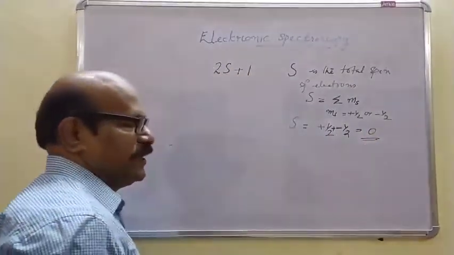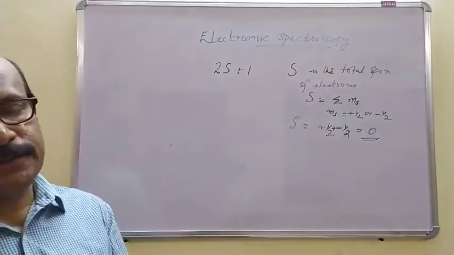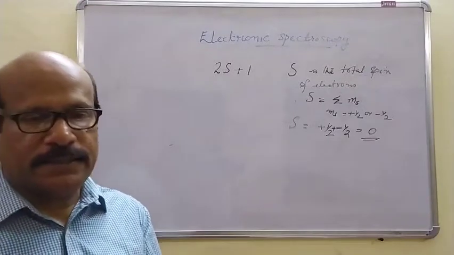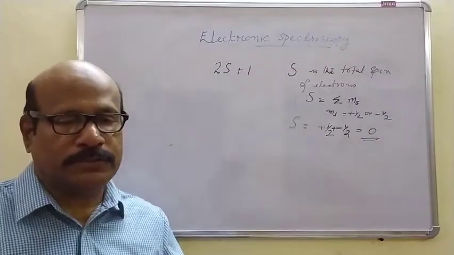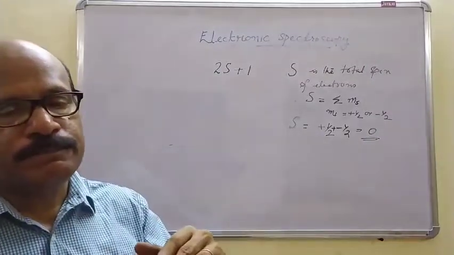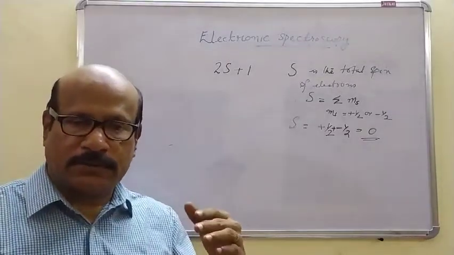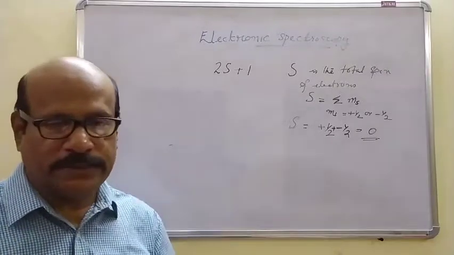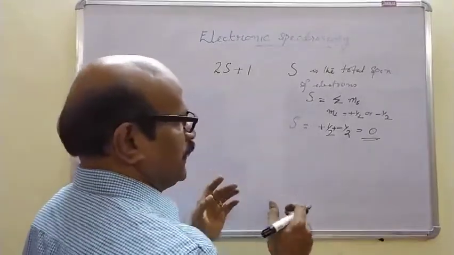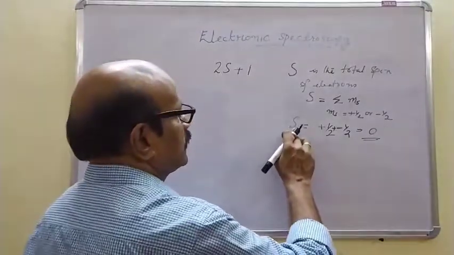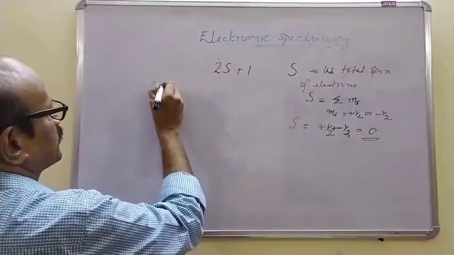So in any molecular species in which all the electrons are paired, you know that in molecules the electrons occupy molecular orbitals. The energy levels in molecules are called molecular orbitals. If the molecular orbital contains electrons in the paired state with opposite spin, then the resultant spin S is equal to 0.